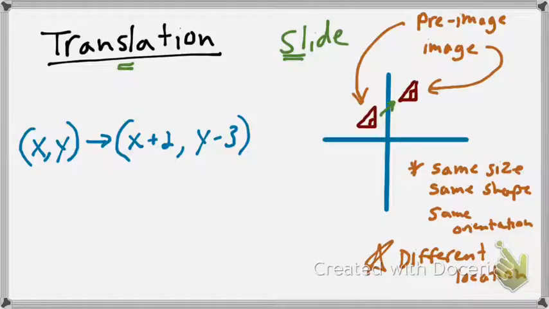So if we're adding 2, is that going left or right? Right. So this is right 2. And y minus 3, how's that going to move us? Down. Y is up and down, so if we're going to subtract 3, then that's going to be down 3.